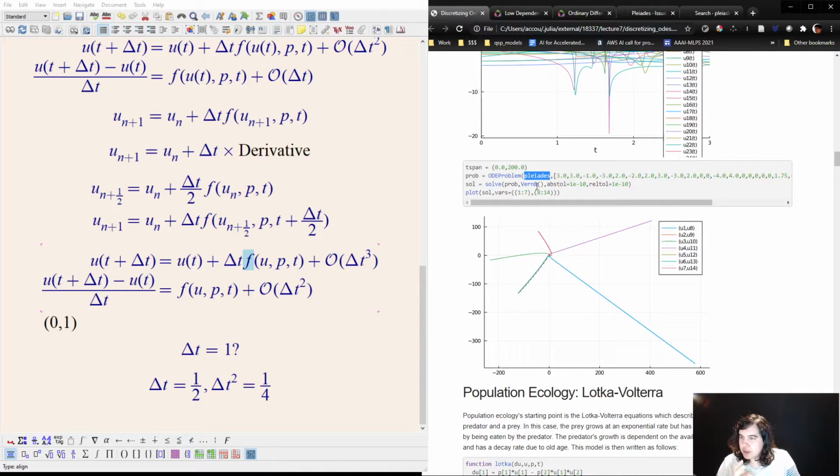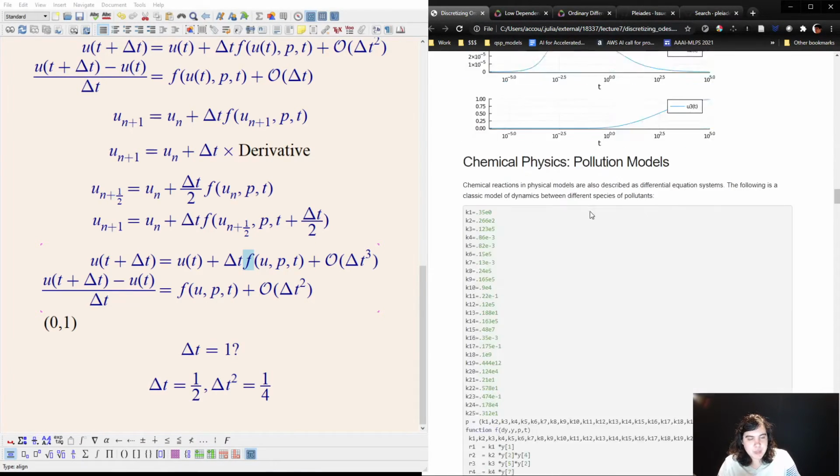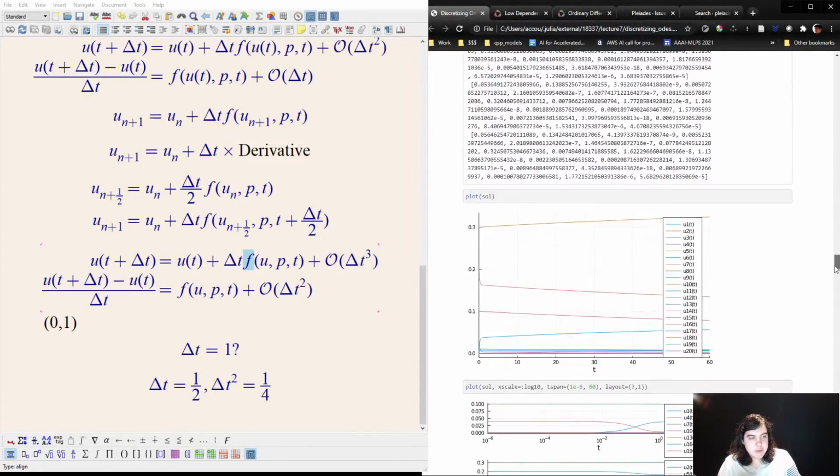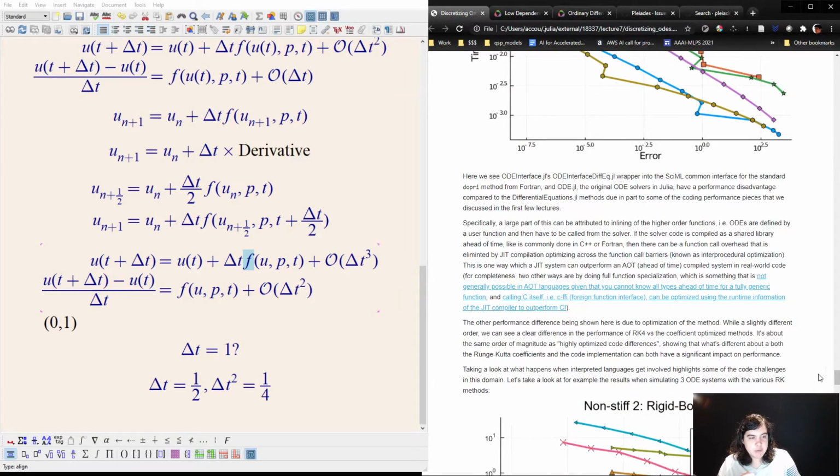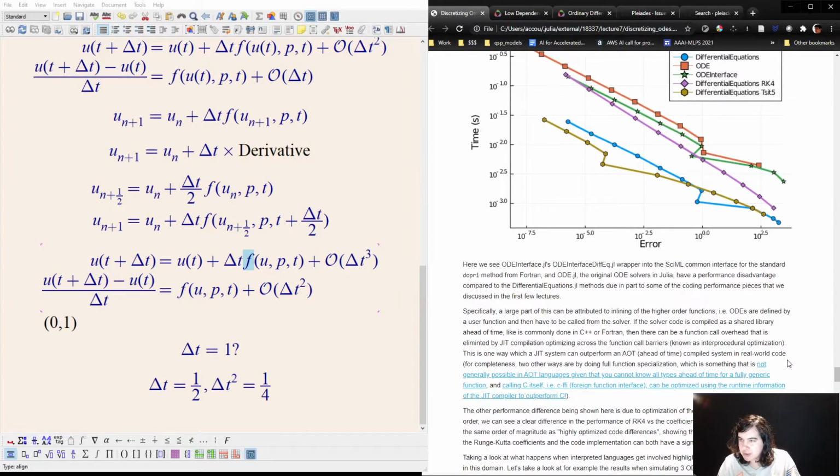And so what the Julia library is able to do, because it is JIT compiled, is JIT compile this function call into the ODE solver library itself to decrease the runtime it takes to solve the ODE. You cannot do that if you compile your ODE solver ahead of time, because then the ODE solver is already compiled to just say, I'm going to do a function call to whatever function pointer you give me.